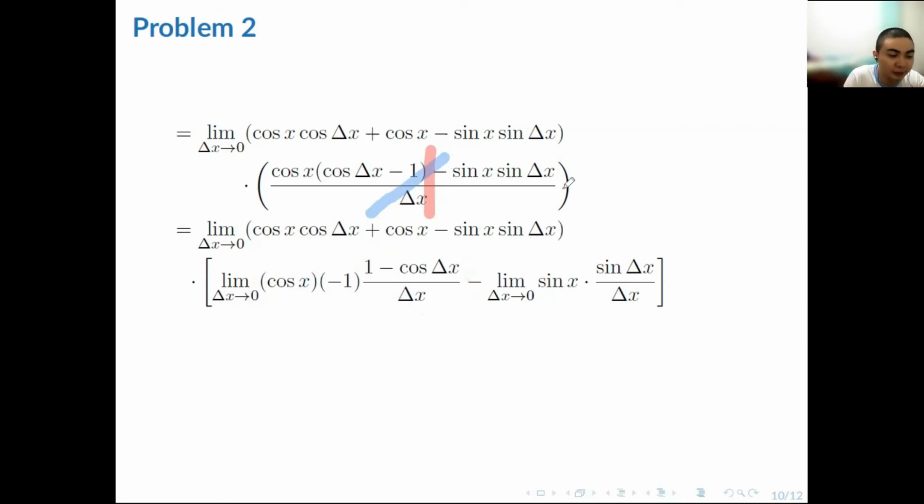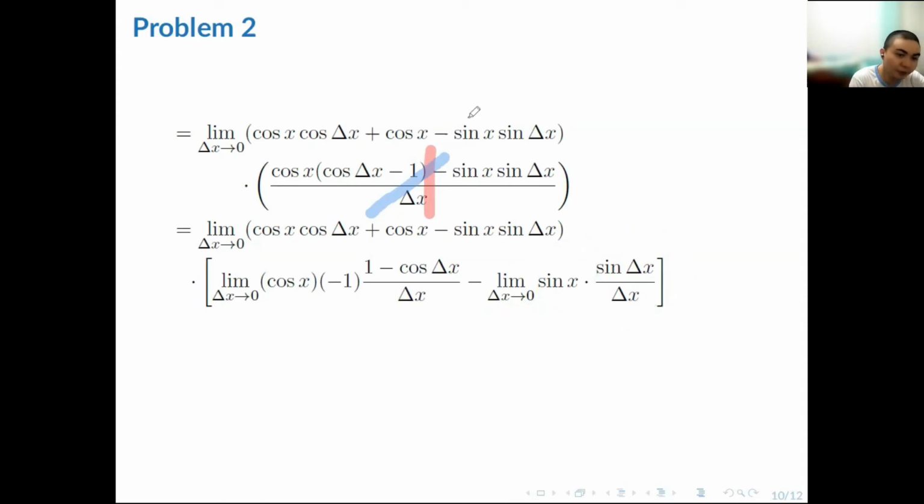Next naman, yung second part. We have here negative sine x. Kinopya natin siya. Then, for special trigonometric limits, we have here sine delta x over delta x. So, hanapin naman natin yung limit neto as delta x approaches 0.